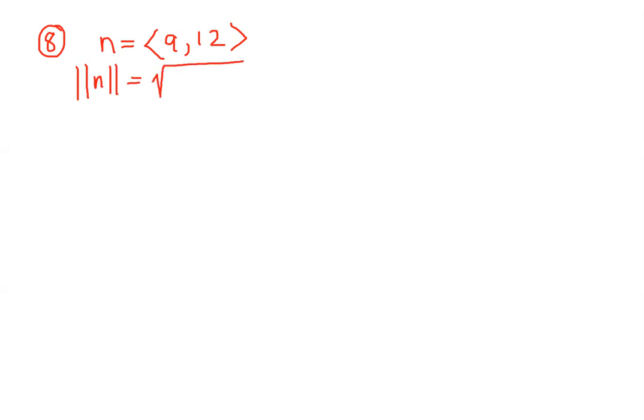So let's look at number 8. We've got n equals (9, 12). So to find the unit vector, let's find the magnitude. So 9 squared plus 12 squared, and that equals 15.